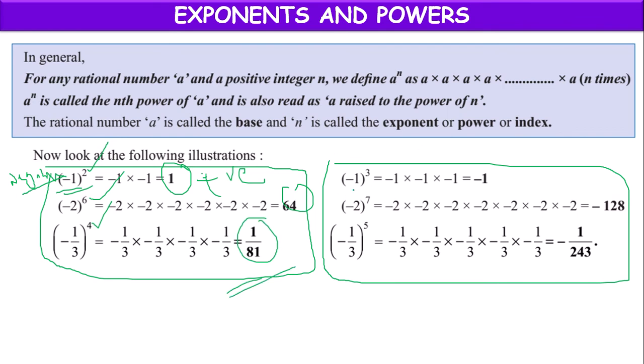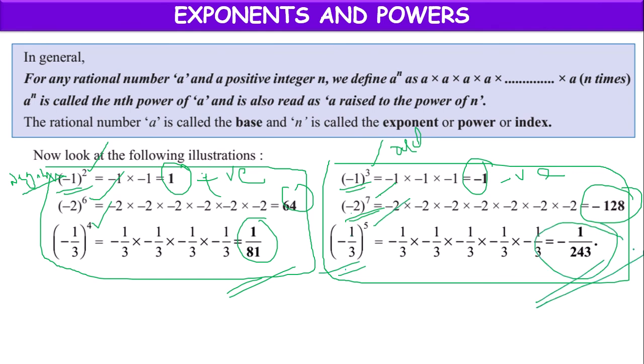But when the base is negative and the exponent is an odd number, the result is always negative. Here -2 is negative, 7 is an odd number, so the result is negative. -1/3 is negative, 5 is an odd number, so the result is negative. So we have to keep this in mind.